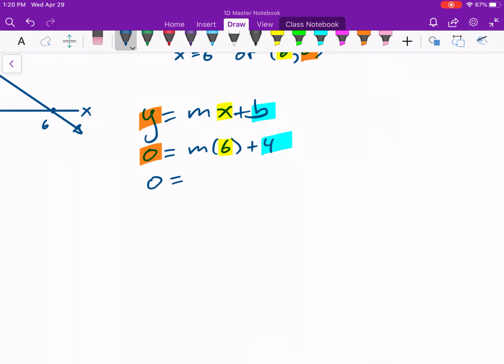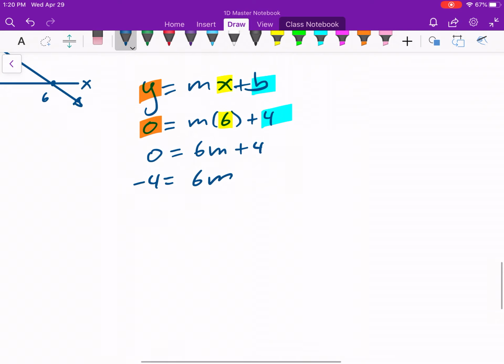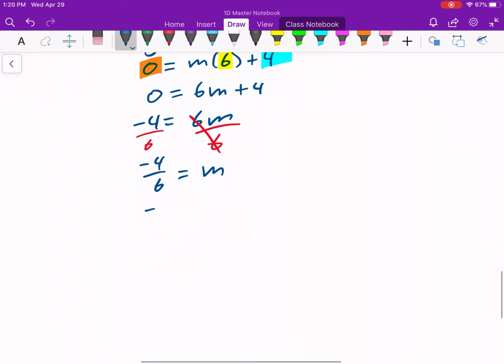So 0 equals 6m plus 4. Again, put that in the proper order. Bring the 4 to the other side, change the sign. Divide each side by 6. I've got negative 4 over 6, which reduces to negative 2 over 3 because we always reduce our fractions. And that's the slope that I needed to finish off my equation.